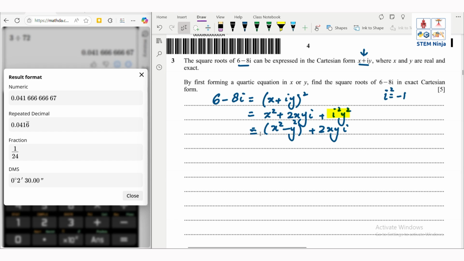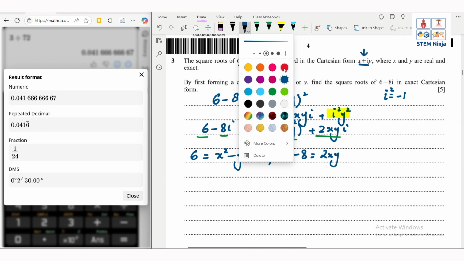Now this is identical to 6 minus 8i. So we then equate the real part with the real part and the imaginary part with the imaginary part. So 6 equals x squared minus y squared, and minus 8 is equal to 2xy.